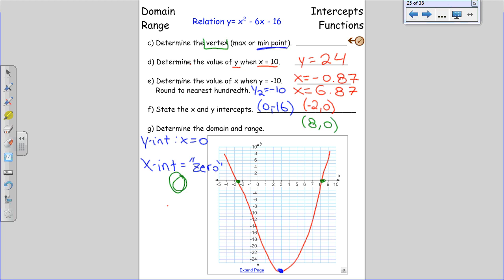That'll take you back to your graph. It'll say left bound, right bound. You need to go left of your minimum point, somewhere up here. Hit enter. Go right of your minimum point, somewhere over there. Hit enter. Hit enter one more time, and it'll tell you exactly where that minimum point is.